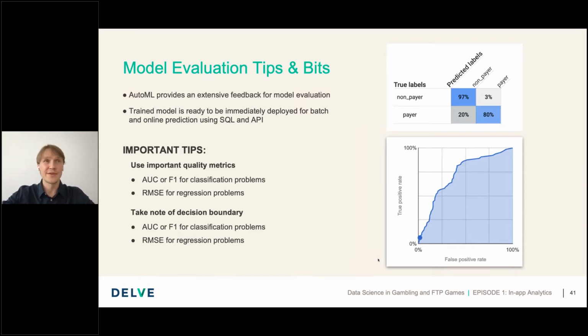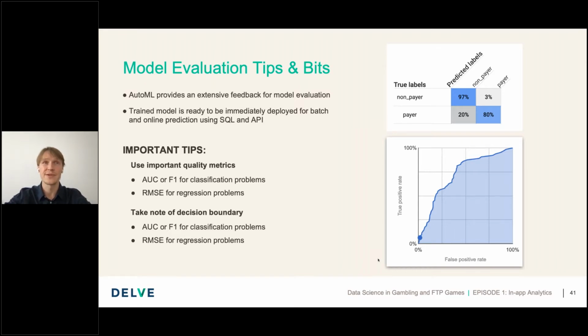Also, this model reveals a few important statistics on the accuracy, which can be further analyzed. I'll stop there just to say that different accuracy metrics are better applied to different problems. So area under the curve or F1 statistics are good for classification problems.